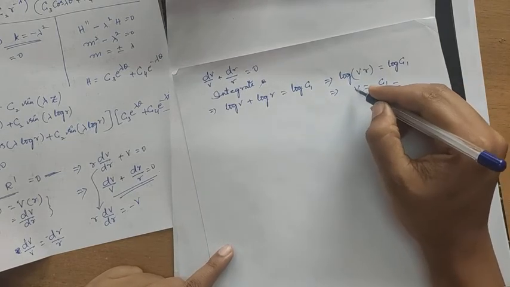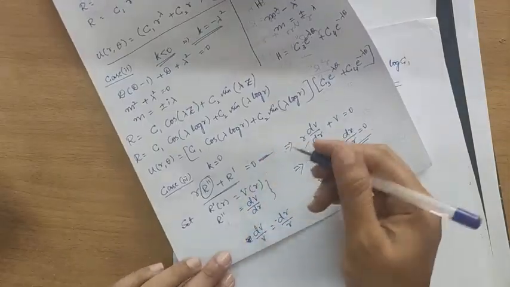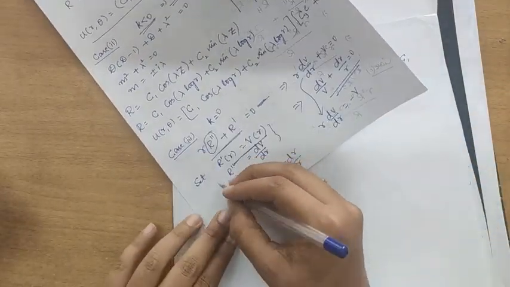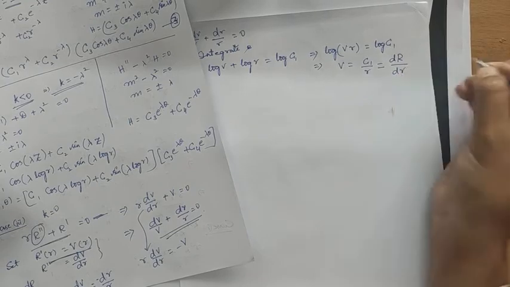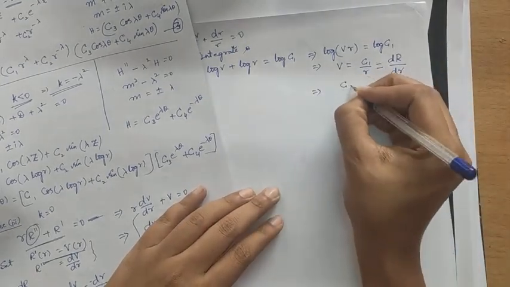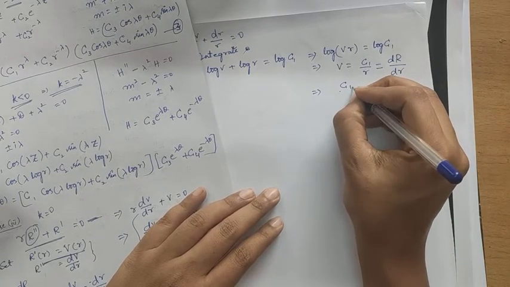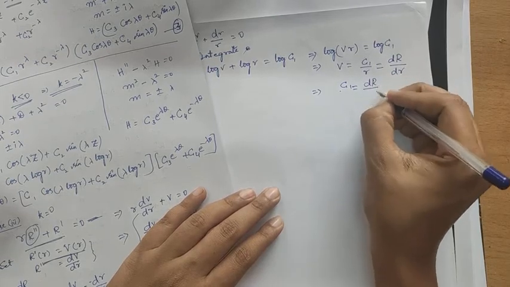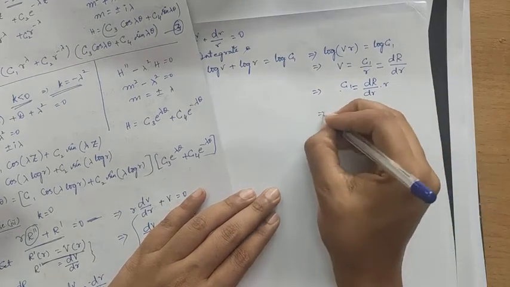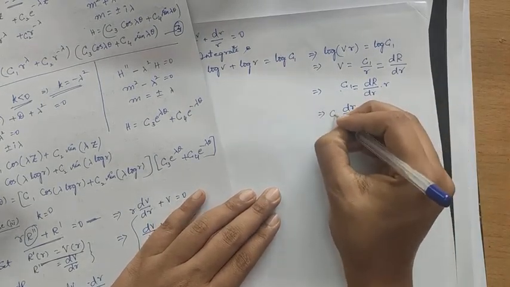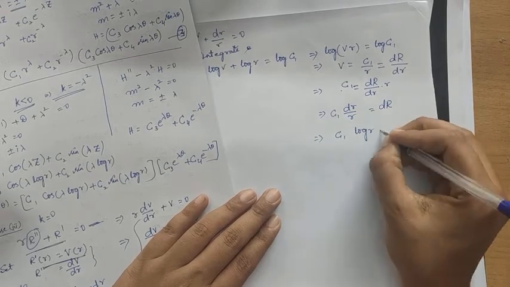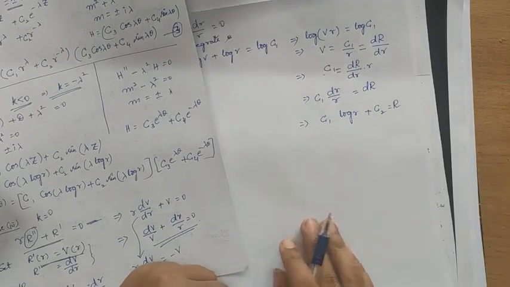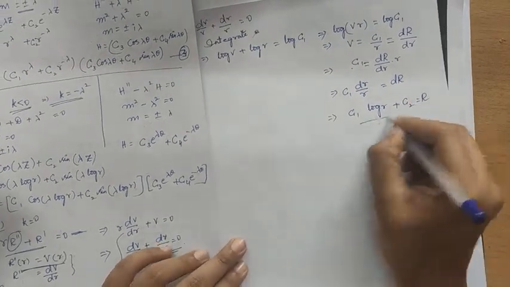We know that v is nothing but r dash, which can be written as dR by dr. So v equals c1 by r, equal to dR by dr. Now you can write this as c1 by r into dr equals dR. Again integrate this, you will get c1 log r plus some constant c2 equals R. Okay, so this is one of the solutions.